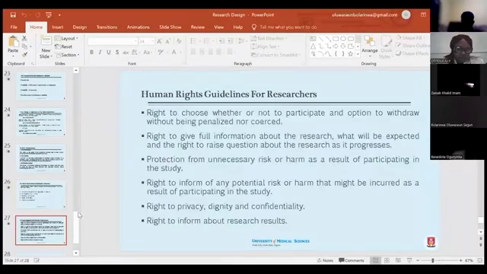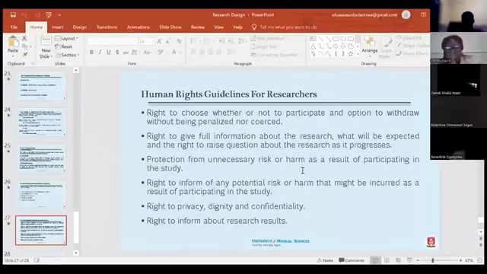Then this talks about human rights guidelines for researchers. You know, there are some rights that we talked about, rights of participants, the other time, being respected. These are some of the rights that the study participants have, and these rights must be respected.